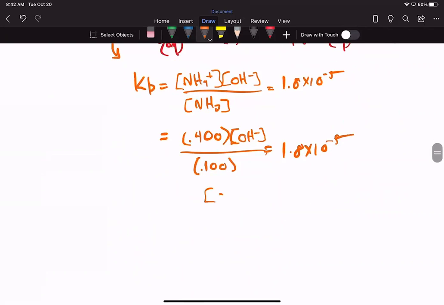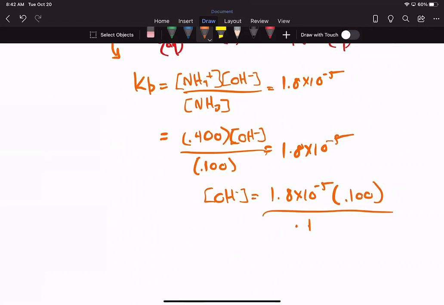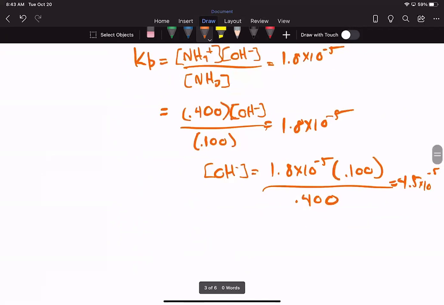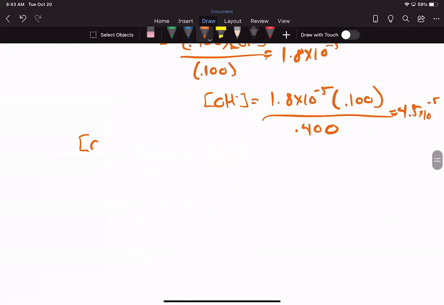If we clean that up, the hydroxide concentration is 1.8 times 10 to the minus 5 times 0.100, all over 0.400. This equals 4.5 times 10 to the minus 5. So we now know the hydroxide concentration is equal to 4.5 times 10 to the minus 5.